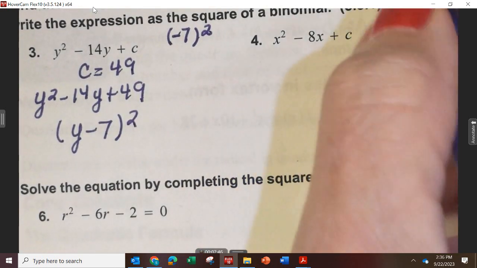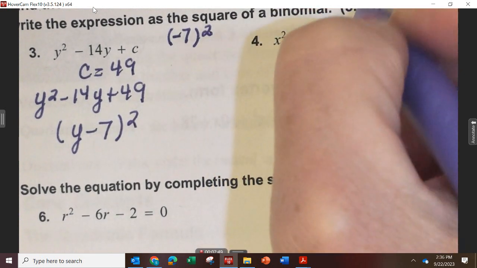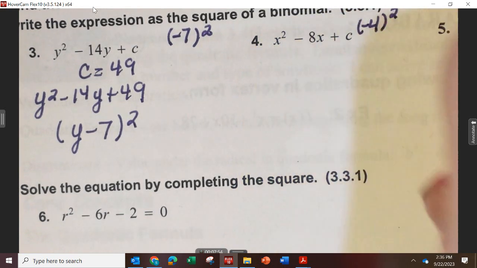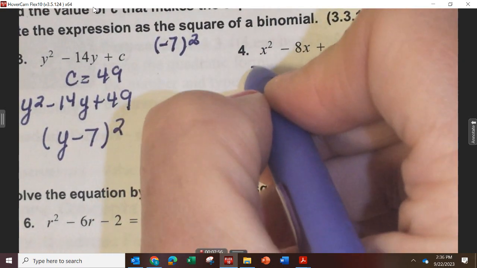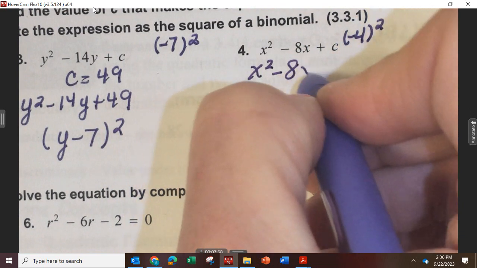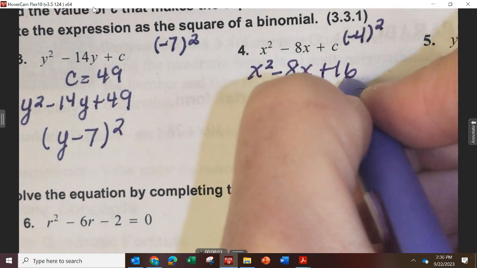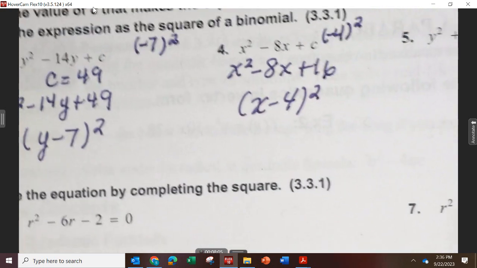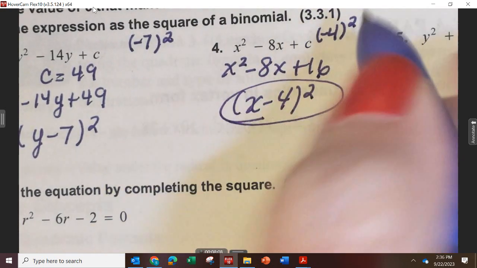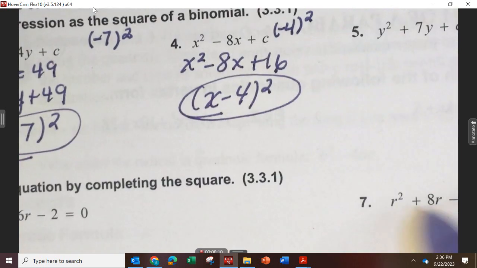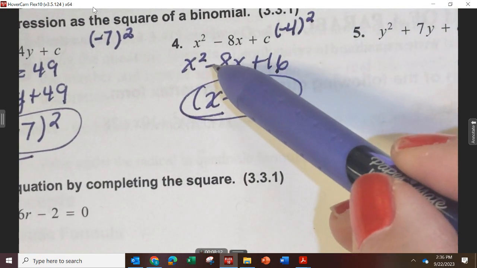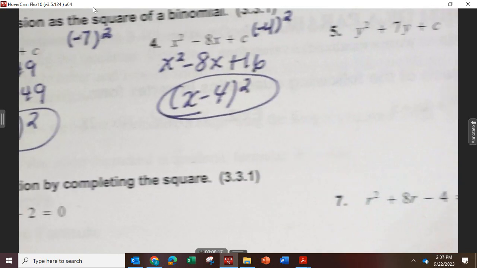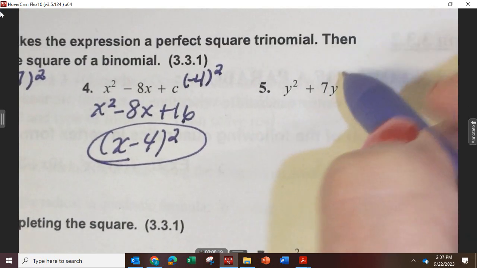All right, do this one. Check your answer. You take half of negative 8, which is negative 4, and then square it. Okay? This one's going to be a little tougher.